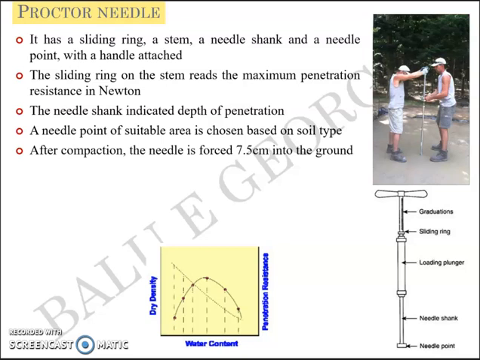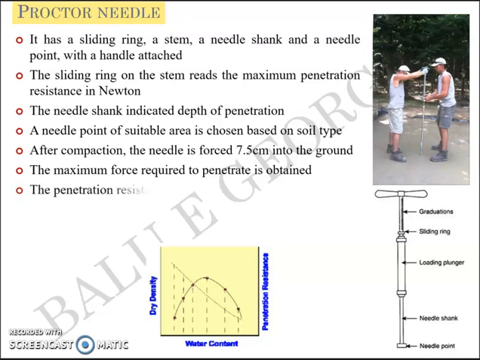A highway is constructed, and once the compaction is completed, the needle is forced 7.5 centimeters into the ground. Quite similar to the picture that you can see in the top right corner, right? The people are trying to squeeze that, jack that into the ground for a distance of 7.5 centimeters. Now, the maximum force required to penetrate 7.5 centimeters is obtained, and the penetration resistance is computed per unit area, right?